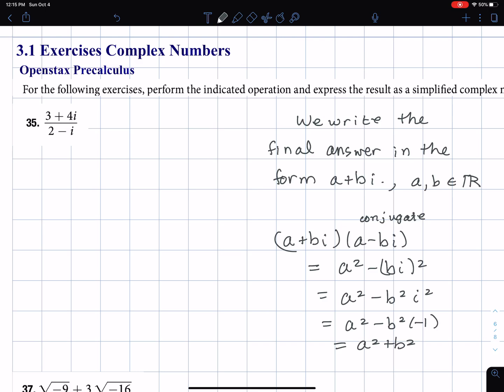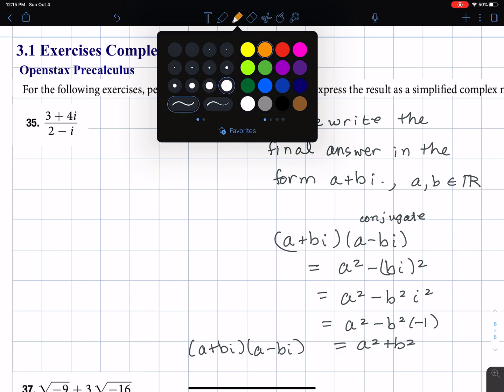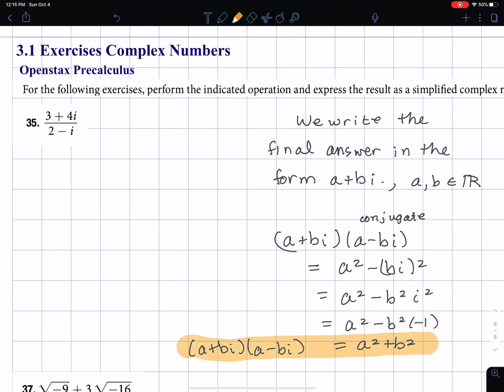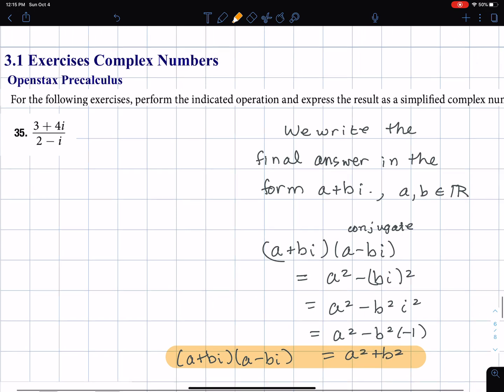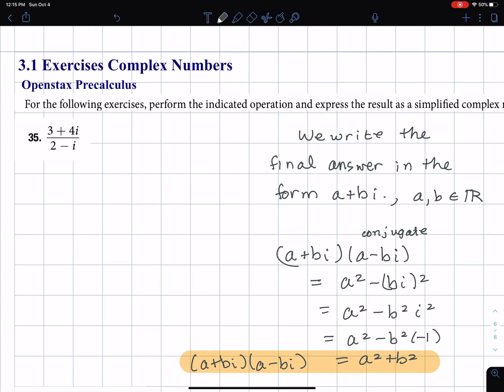So that looked like a lot, and we don't want to write that out each time if we see that there's a formula. If I have a complex number and I multiply by its conjugate, then I have this formula: a plus bi times a minus bi gives a squared plus b squared. I showed all the work right there to explain why that's true.